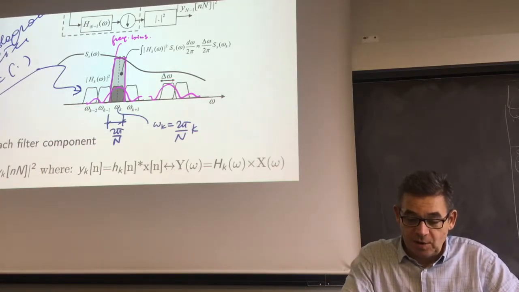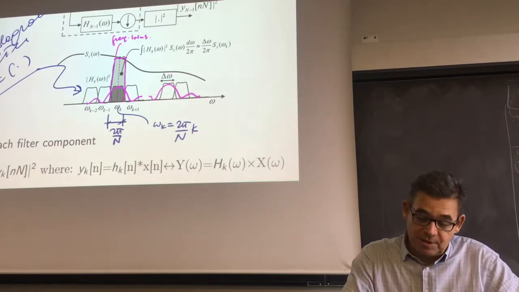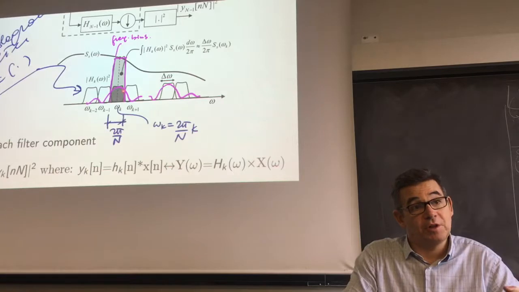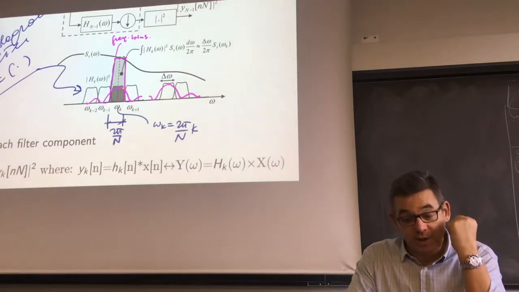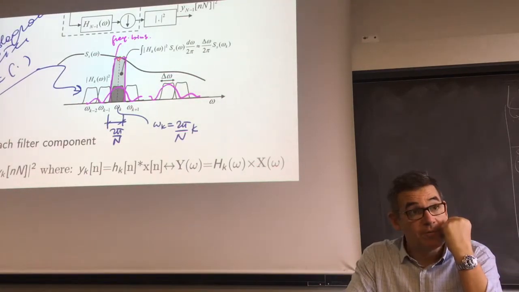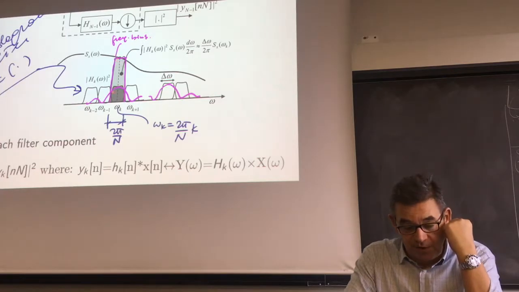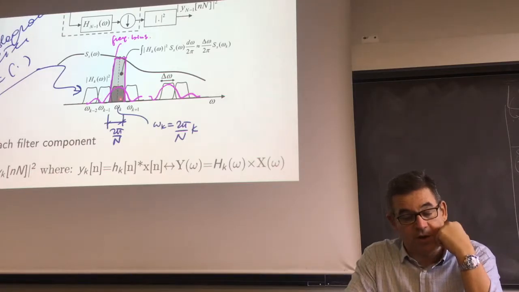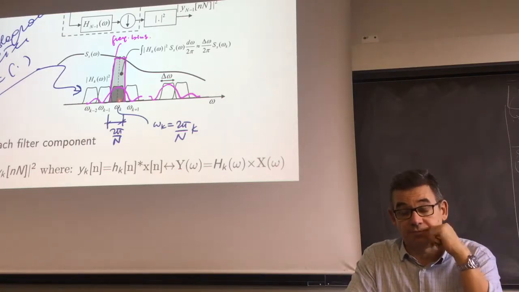Now, what happens is that every filter captures the power which is included in the filter itself. So this filter makes a filtering and captures all the power inside this area.